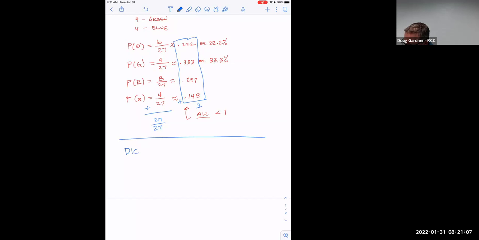So let's consider the illustration of dice. If I'm rolling 2 dice, if I asked you, what's the probability that I'll get a sum equal to 8? This isn't so easy.